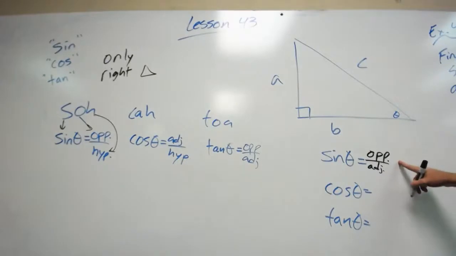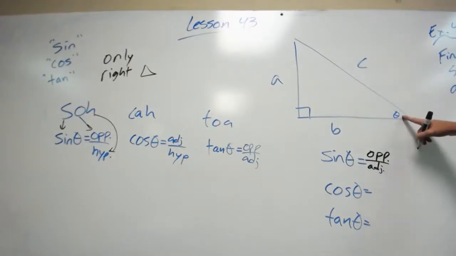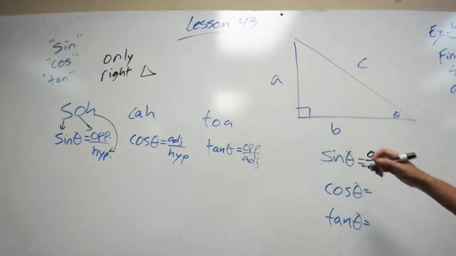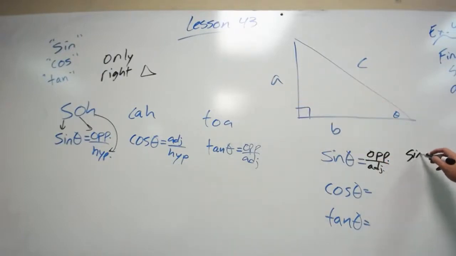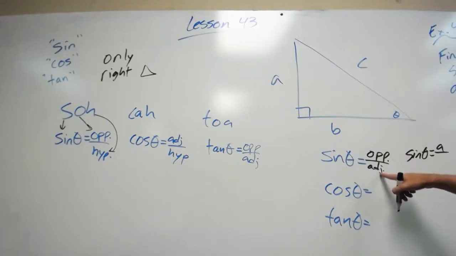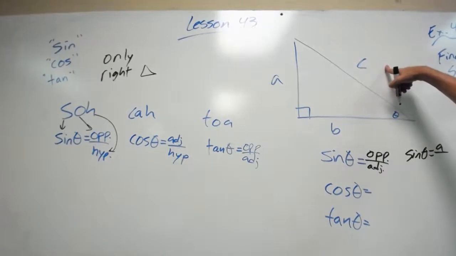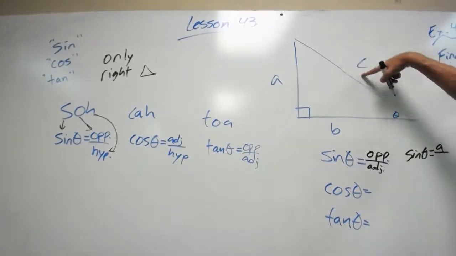So what is opposite? What side is opposite of theta? Well, the opposite side of theta is A. So sine of theta equals A over what's adjacent. Well, notice there's two sides that are next to it, two sides that are adjacent. However, this one is the hypotenuse.